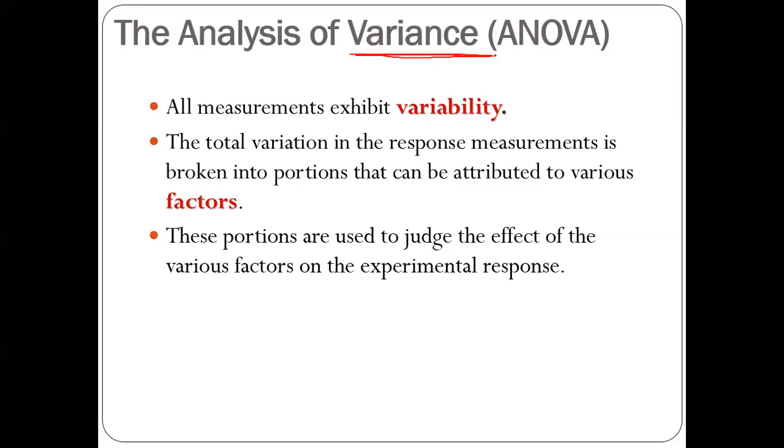So he introduced the analysis of variance, or ANOVA, in early 1925, and it has been well known and well used until nowadays. So that is the basic understanding of the analysis of variance, or ANOVA.